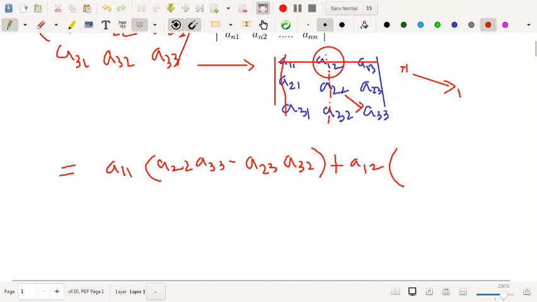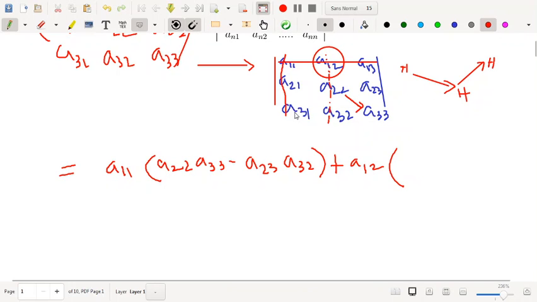Now you are suppressing the first row and the second column, so you have the elements A21, A23, A31, A33. In this case you go for the rule hell to heaven.